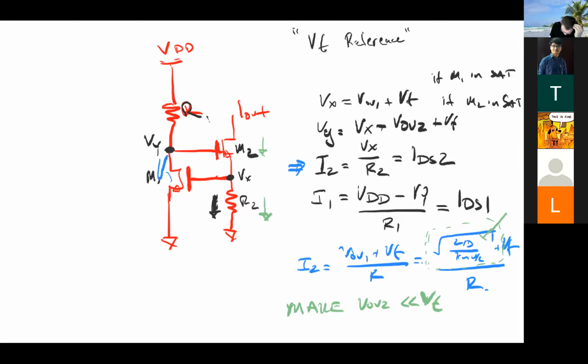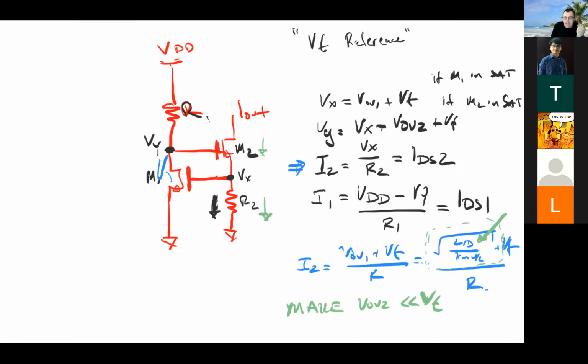All right, what in this expression right here can I change? I can't change ID. I can't change KN. What do I have for knobs? I have the sizing of M1. I have W and I have L, right?